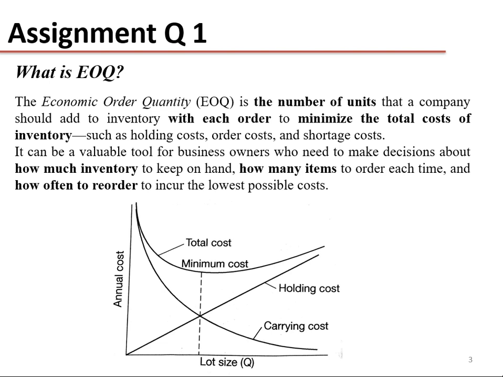That means the total cost of the inventory is low: holding cost, ordering cost, all the costs which are linked with this inventory cost.